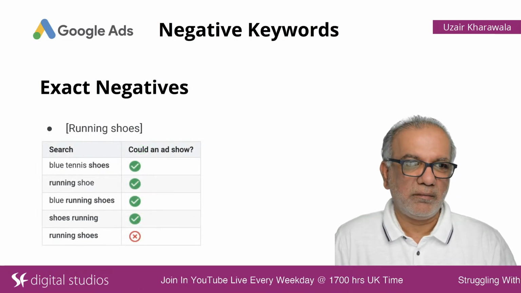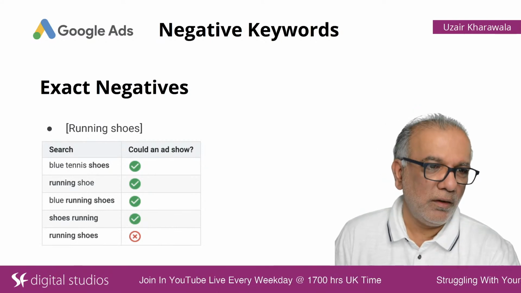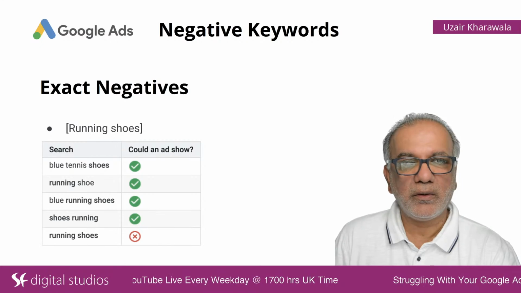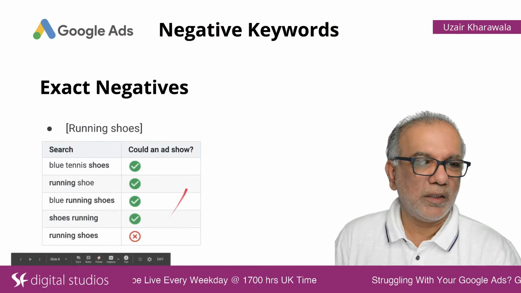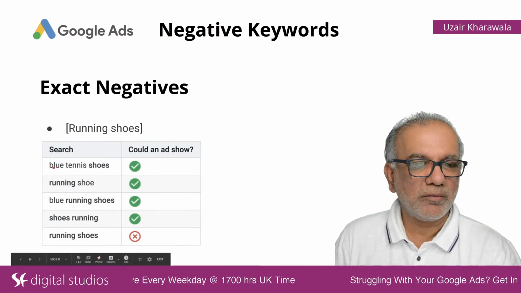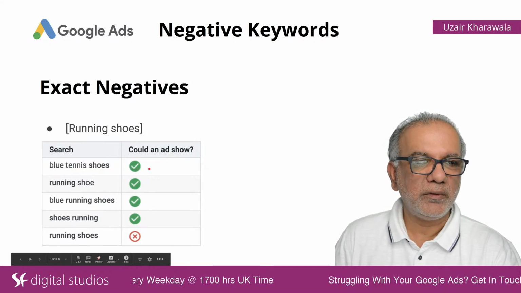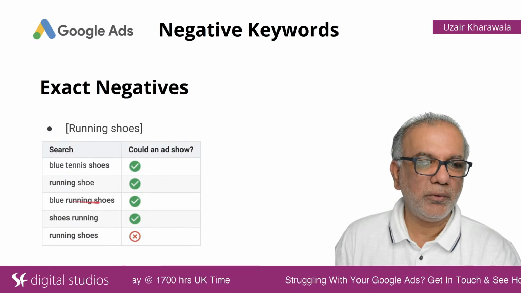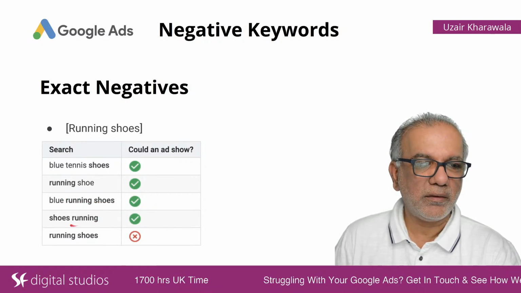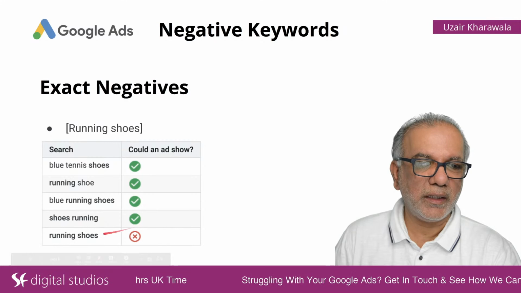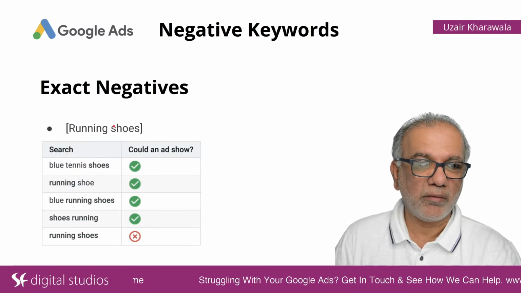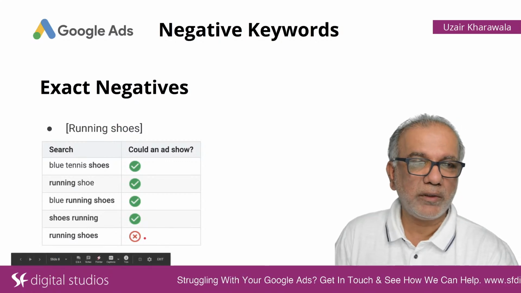Exact negatives, same thing. You have the square brackets before and after the negative keyword. So if somebody puts in blue tennis shoes, your ad will show through. Running shoe, it will show through. Blue running shoes, yes. Running shoe, shoes running, yes. Running shoes, because that is the exact negative you are putting in, it will stop that keyword.